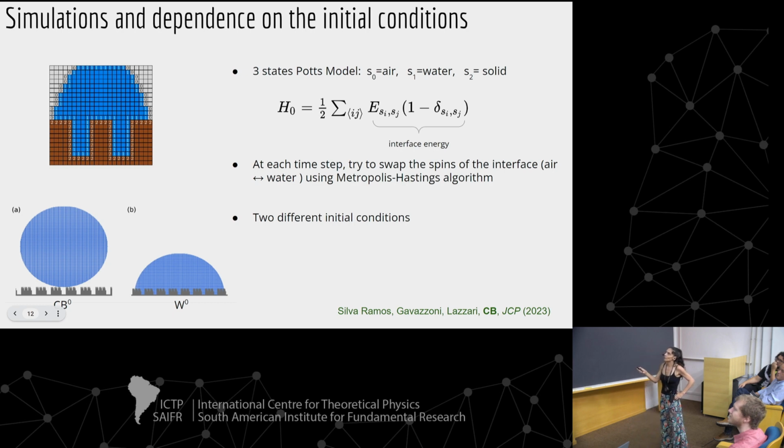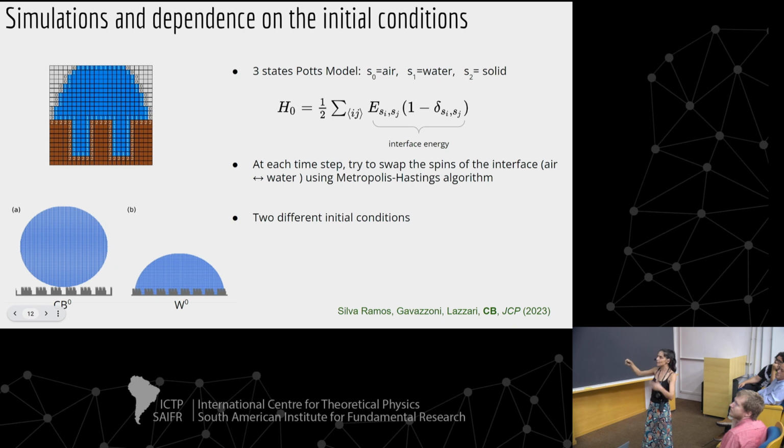And we create a Hamiltonian which only takes into account the interface energy. So for example, if we take two neighboring sites of different spins, let's say 0 and 1, this would cost an energy, because the delta would be 0, so 1 minus 0 is 1.